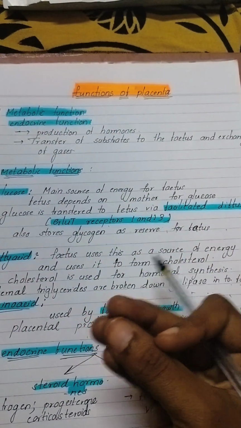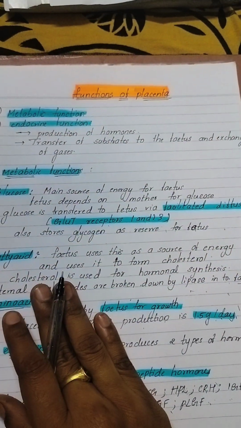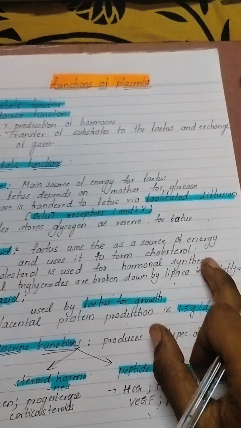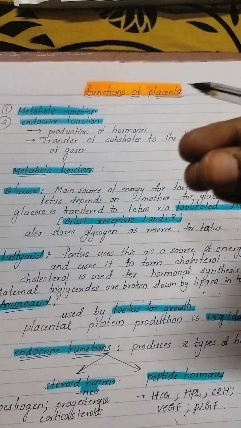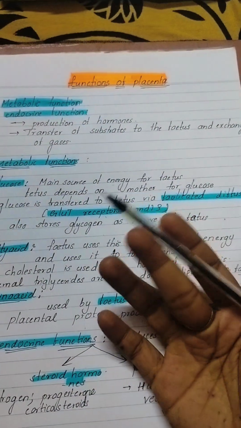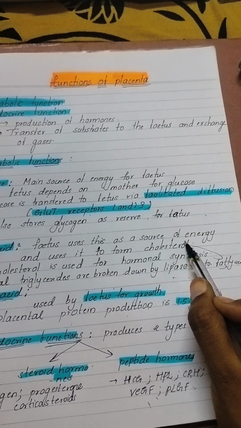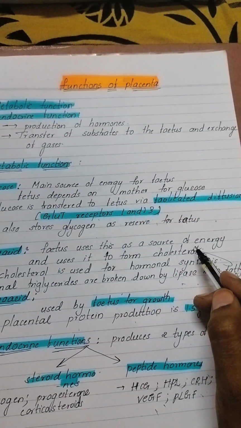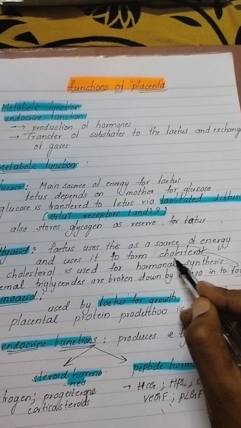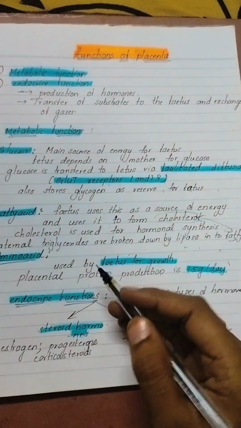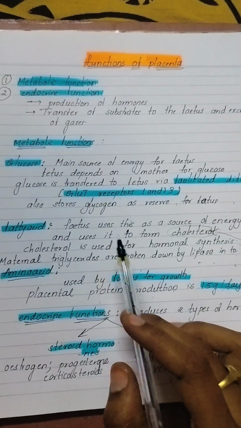They're simple compounds now, so the fetus can't use the triglycerides because they are complex substances, but it can use these fatty acids. The fatty acids are used by the fetus for energy, and using these fatty acids it synthesizes cholesterol. What the fetus does with this cholesterol is that it is useful for the synthesis of some hormones in the fetus.